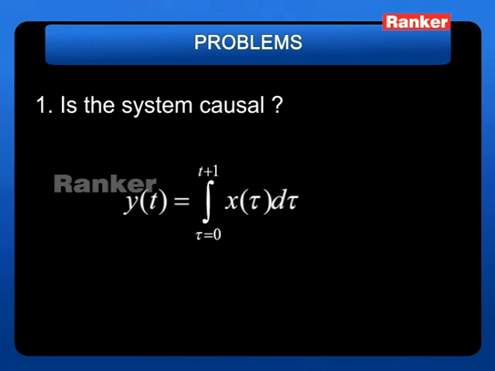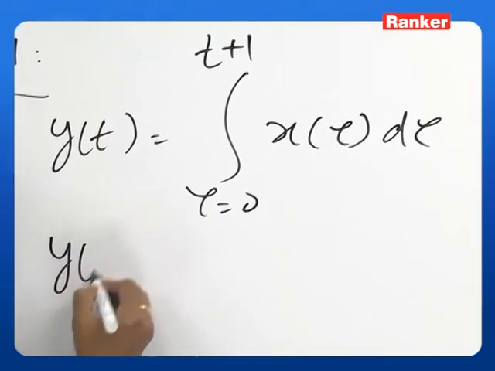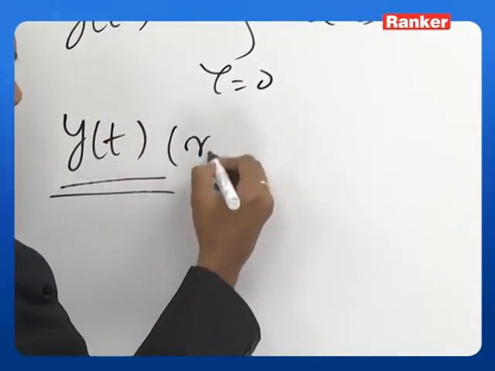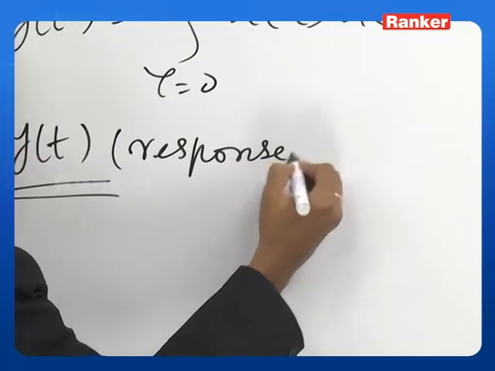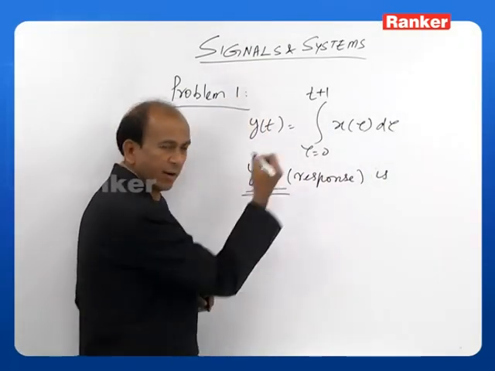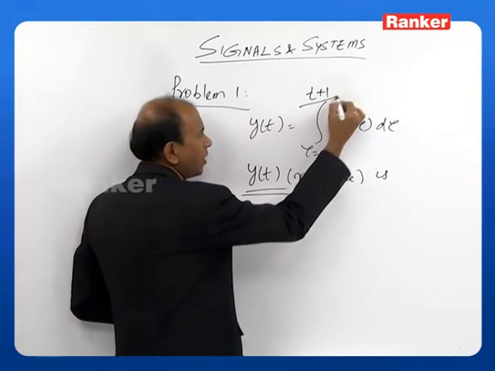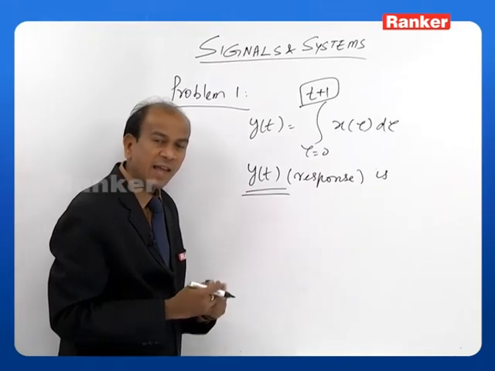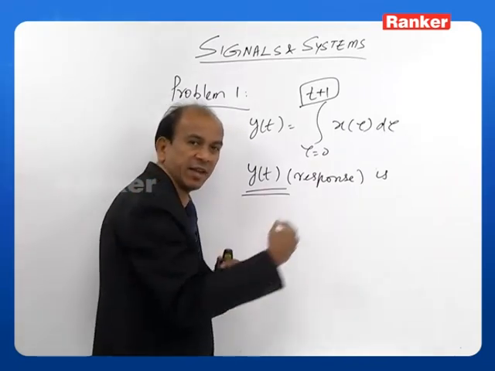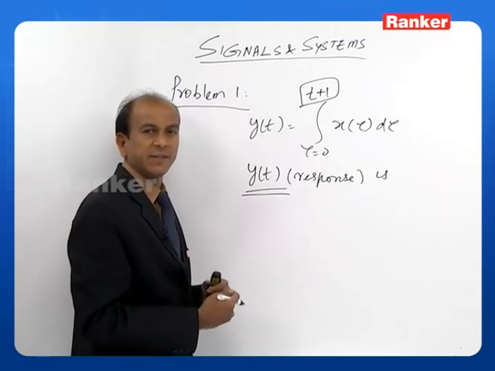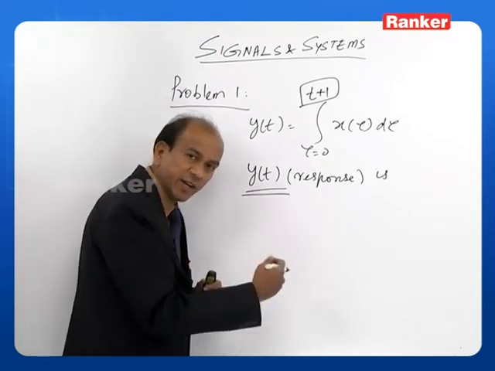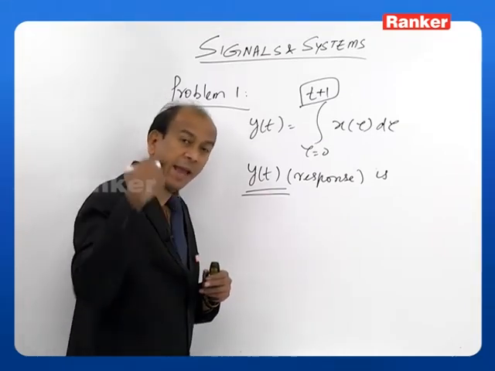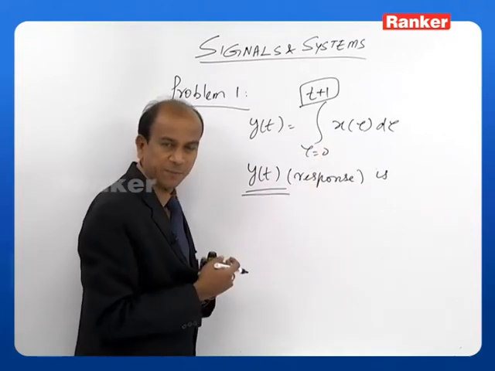Now, let us see the dependency of y of t. If you look at this, the output response is dependent on x of t at t plus 1. T plus 1 is a prediction, you are going further ahead. Let us say at t equal to 5 seconds, t plus 1 will become 6 seconds. That means future. We are going into the future. That means the output is dependent on x of t for a future value of t plus 1.